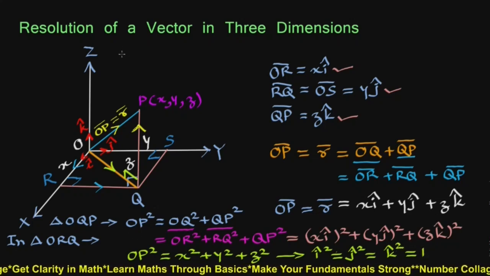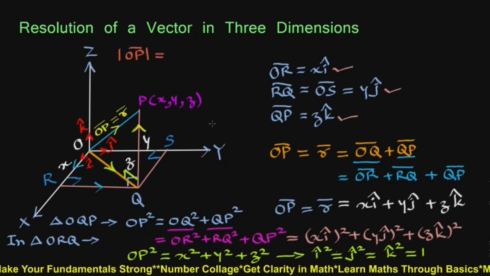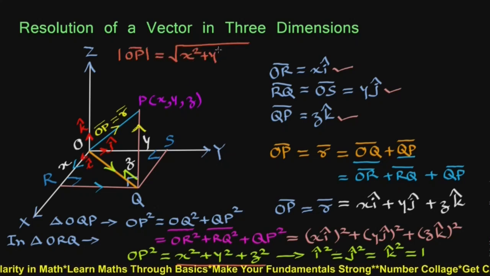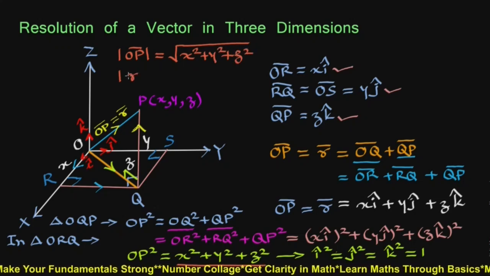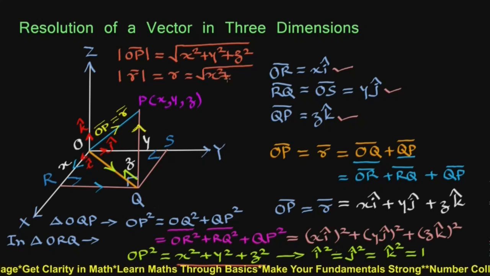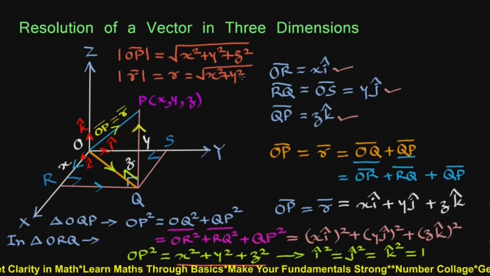So we write here mod OP bar equals square root of x square plus y square plus z square, or mod R bar equals R equals square root of x square plus y square plus z square.